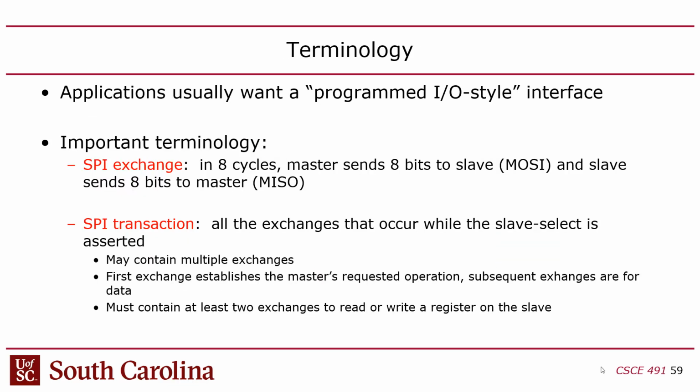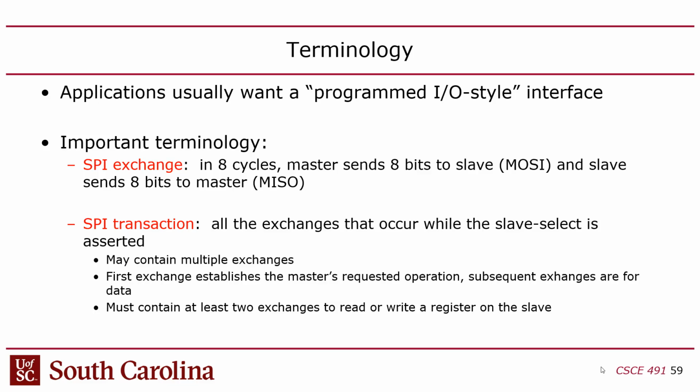And so you have to be aware of the terminology, and this still trips me up, but an exchange is like the lowest level of the SPI protocol. It defines this notion of exchanging data between the master and slave. And then you've got a transaction, which is a protocol that's built on top of that.